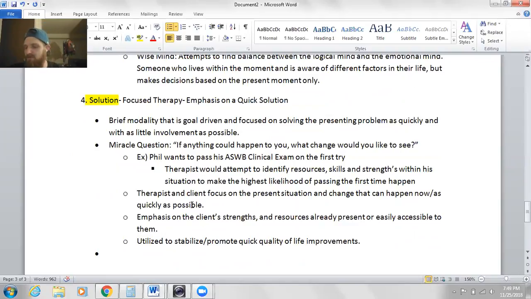We're literally hunting for a solution, wanting to get it as immediate as possible, and to try to expend as little energy as possible. Not to say that the clinician's being lazy. They just want the person to be able to sustain the change within their own environment without the clinician having to be there and refresh all of the time.